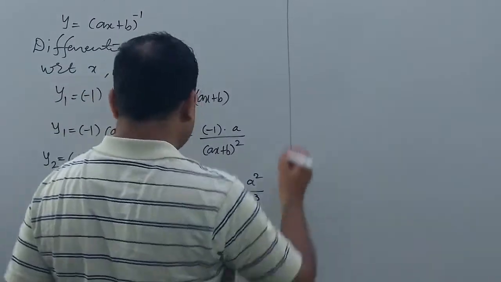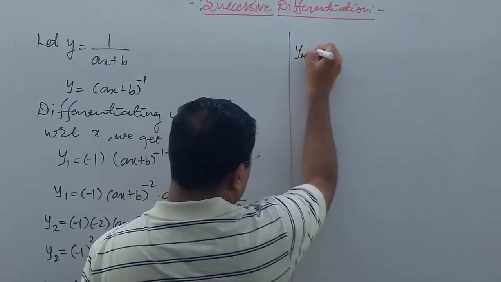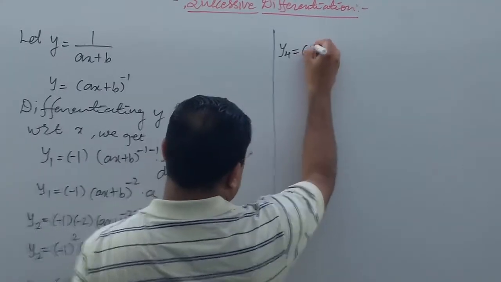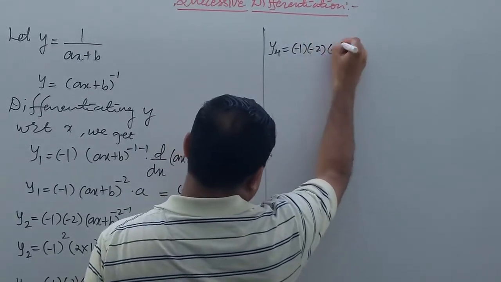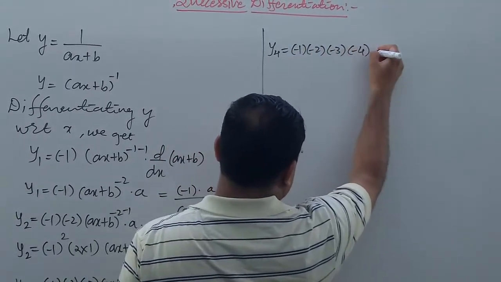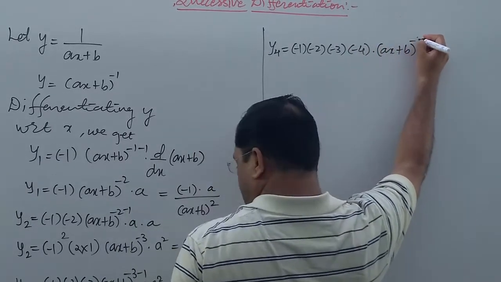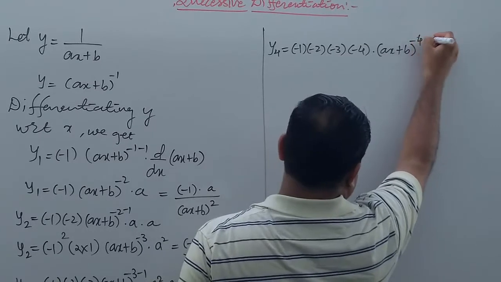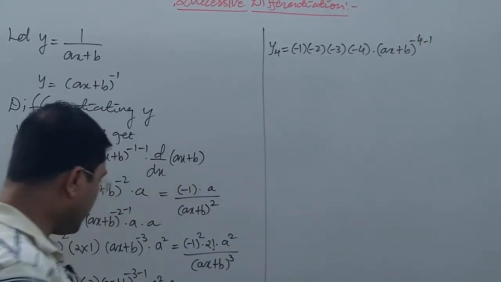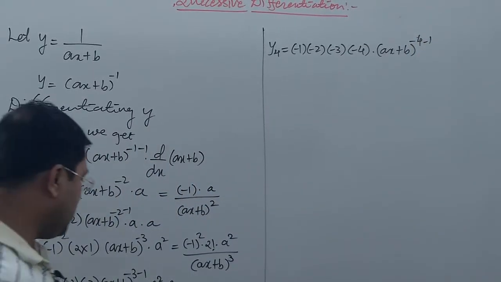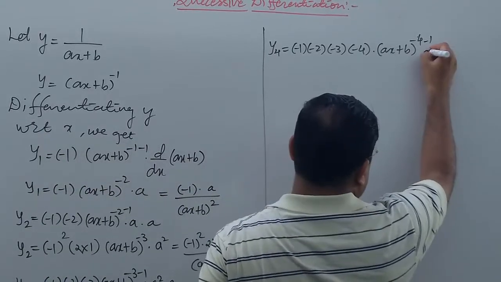Again we differentiate this term. y4 is equal to minus 1 into minus 2 into minus 3 into minus 4, then (ax plus b) raised to minus 4 minus 1, and we have a cubed already.